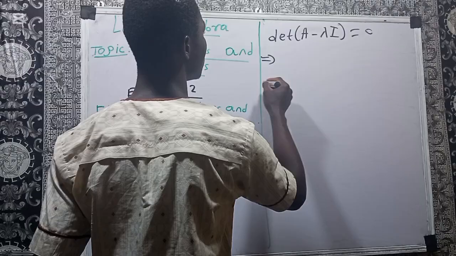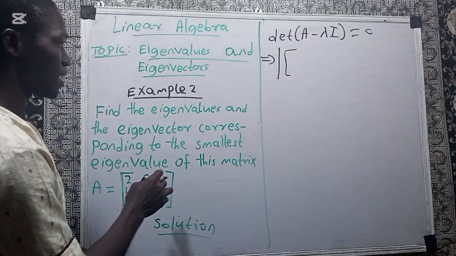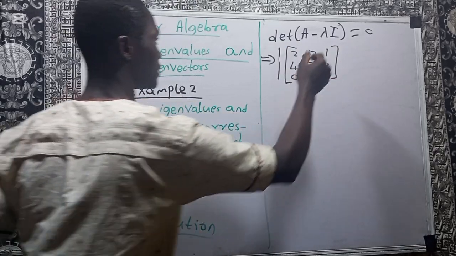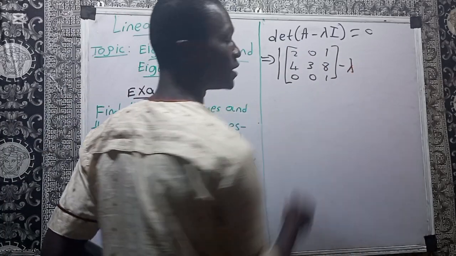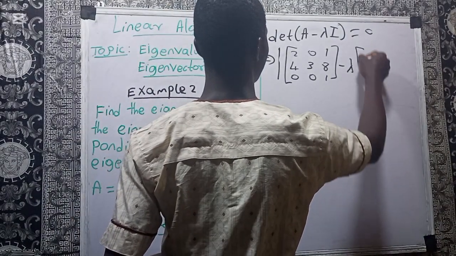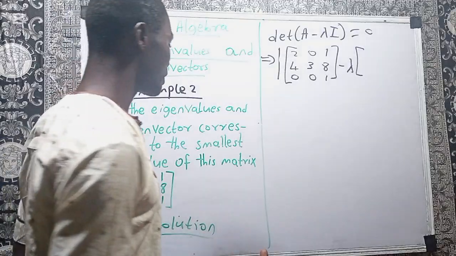So let's solve. This is the determinant of your matrix A. You write it down as given to you on the board here. So this is our matrix A, then minus lambda. Lambda is just a scalar, right? Then your I is the identity matrix, the n by n identity matrix.